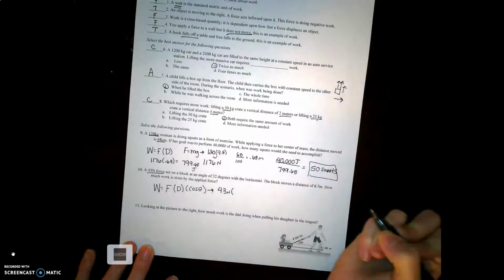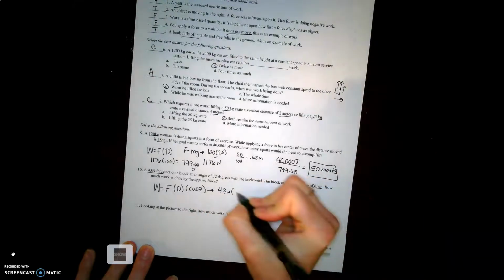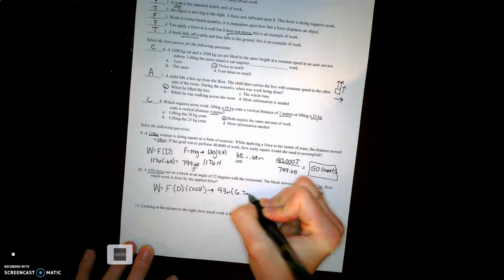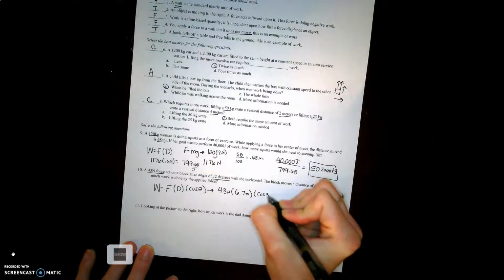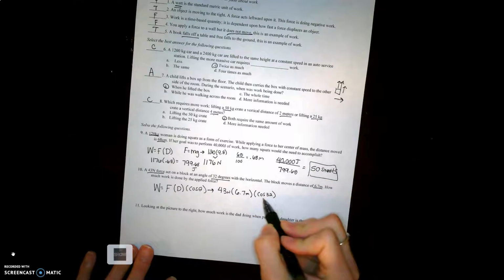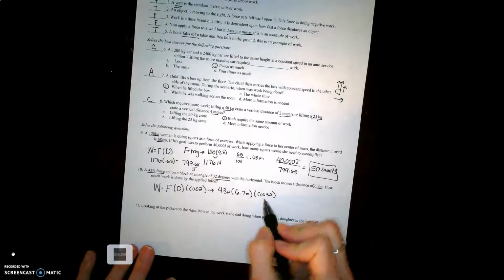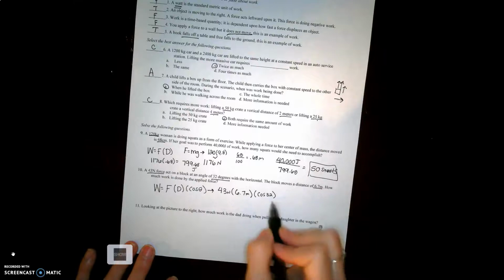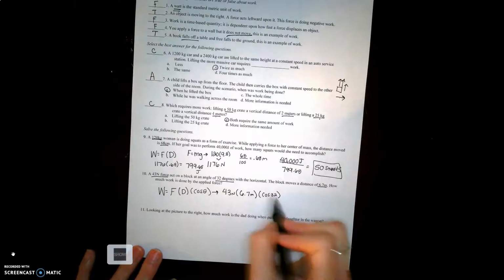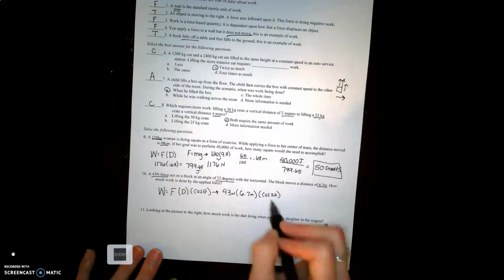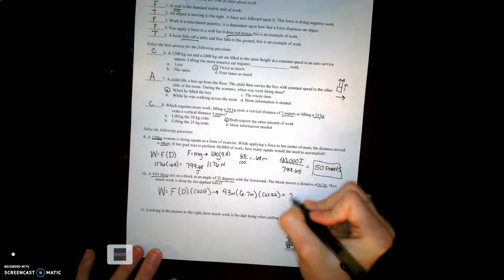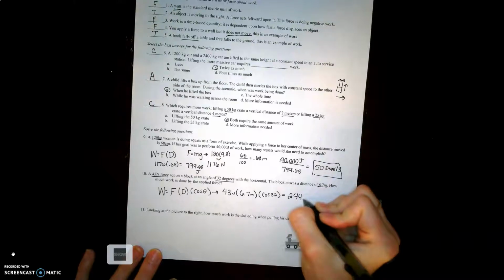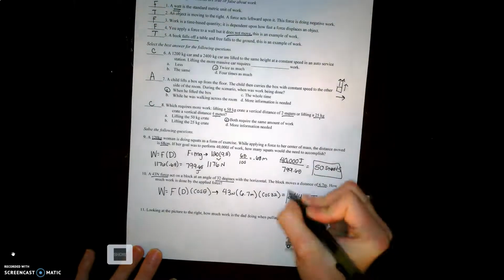Our distance they give us is 6.7 meters. And our cosine of 32. When you're solving these equations, make sure that your calculator is in degree mode, not radian, because we are doing the trig and that needs to be in degree mode. So multiply all those together to get 244.3 joules. And that is how much work.